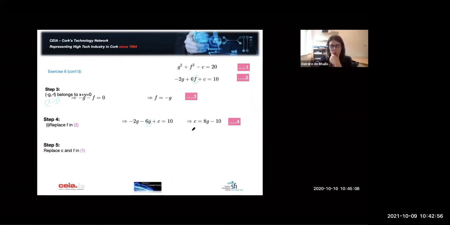The next step is to replace c and f in equation 1. So this was equation 1 and this was equation 2. So we're going to replace c and f here so that we get an equation that only has g in it. And that leads us to g squared. F squared gets replaced by minus g, and c gets replaced by 8g minus 10.